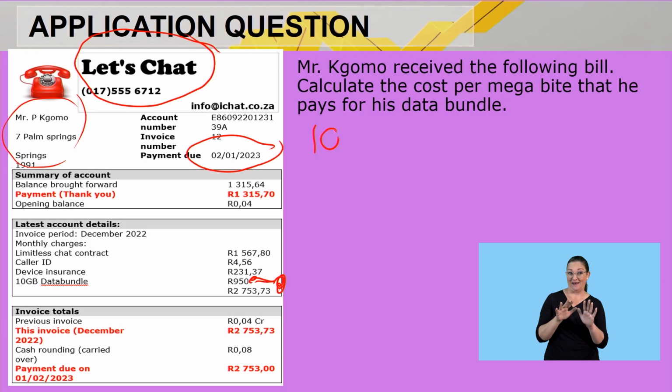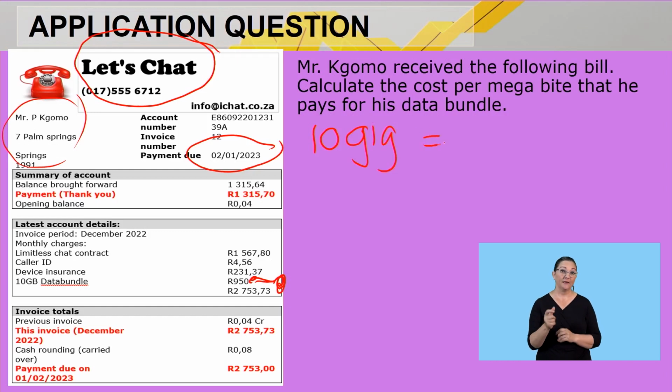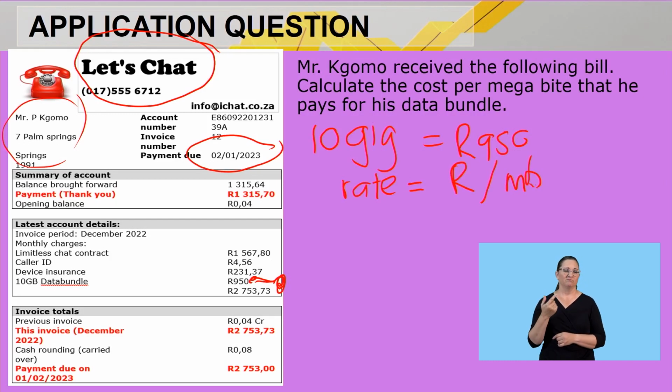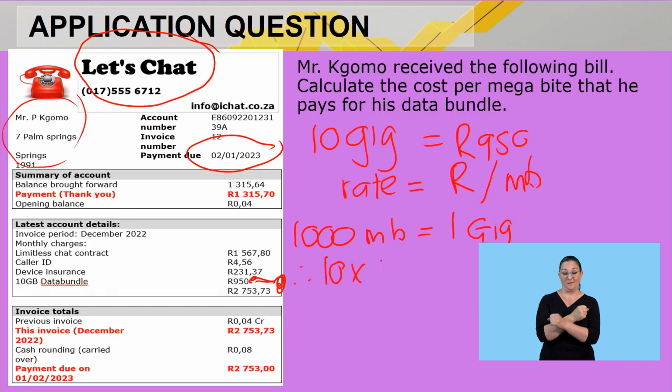He buys 10 gigs for 950 rand. Now, the rate they want is the rand per megabyte, not the gigabyte. So we know that there is 1,000 megabytes in 1 gig, right? So therefore it's going to be 10 gigs times 1,000.